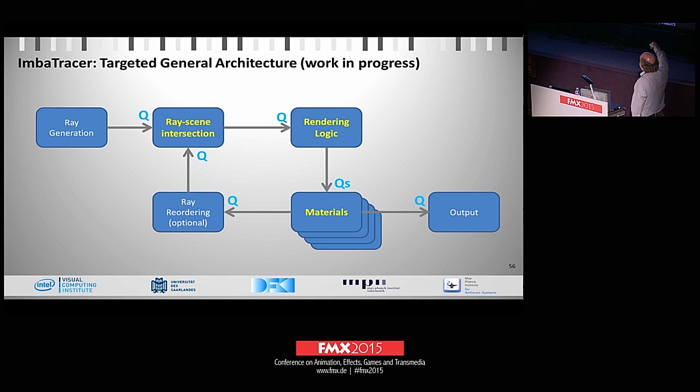The key thing in our architecture is these queues, or what some people call pools of rays, because you probably want different sizes of computational units. For first generations, maybe you want to generate fairly large packets of rays, at least at the top of the tree.